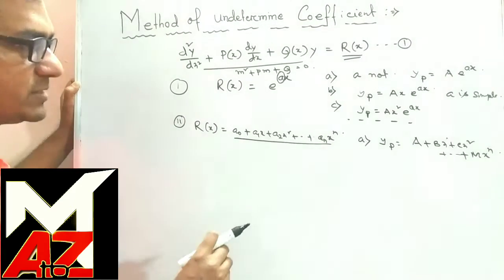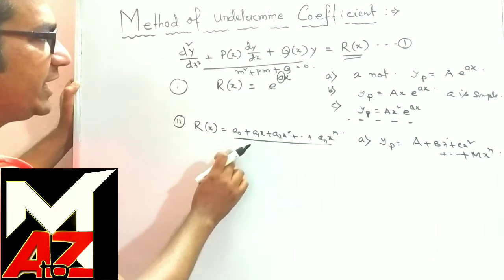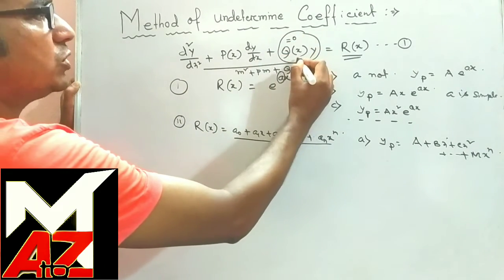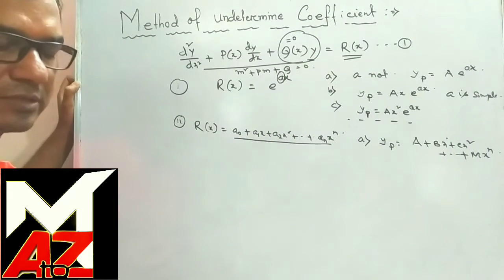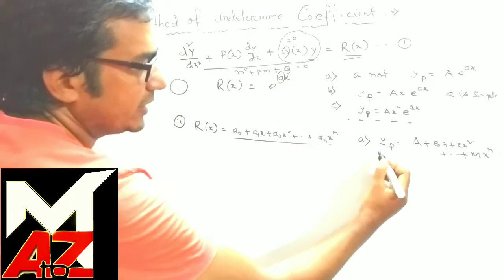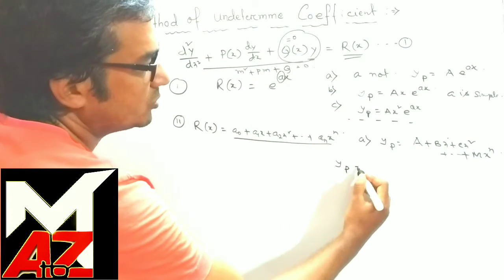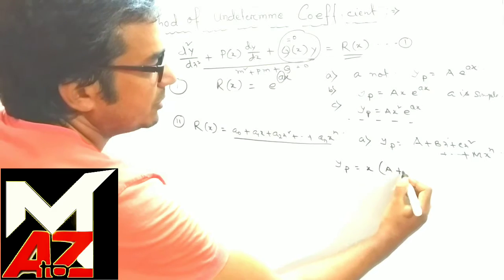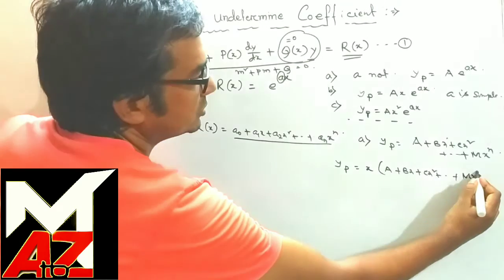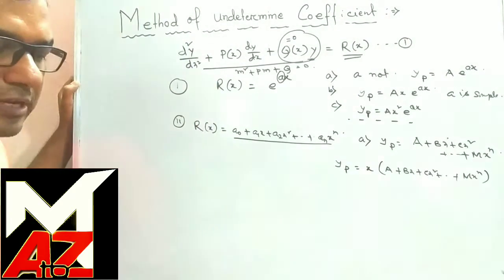And in case q of x equal to 0, that is, there is no term containing y, then the particular integral is changed and is of the form yp equal to x into a plus bx plus cx square up to mx to the power n, right?